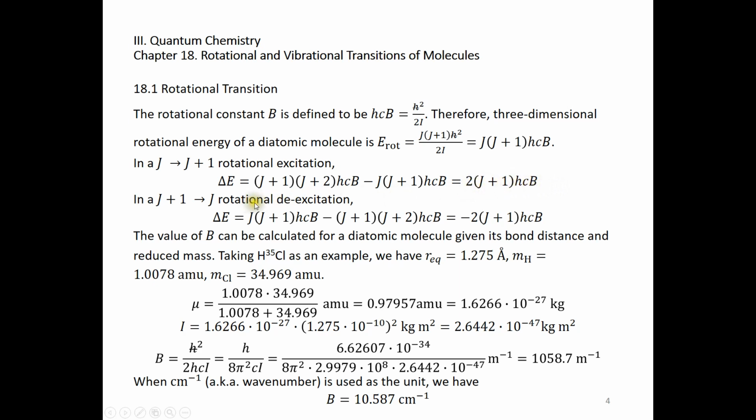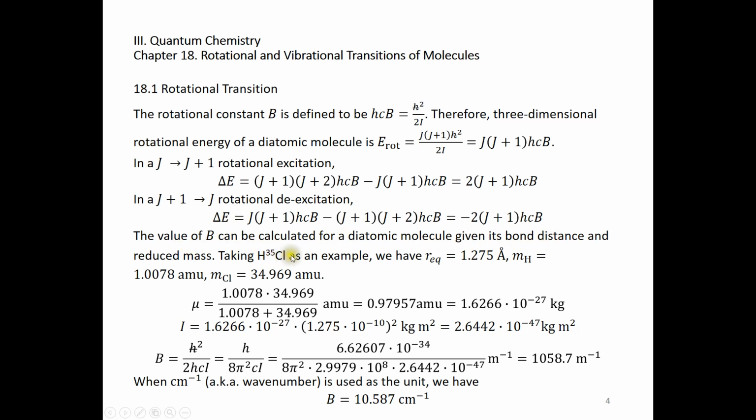In a rotational de-excitation from J plus 1 to J, the energy change is negative 2 times (J plus 1) times hcB. The value of B can be calculated for a diatomic molecule given its bond distance and reduced mass.